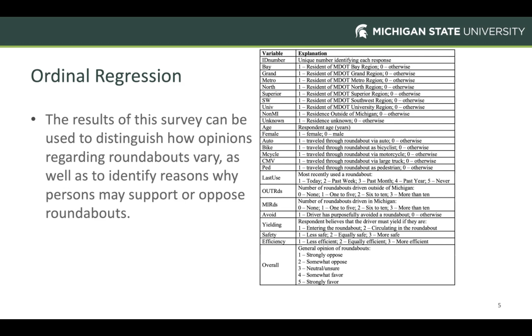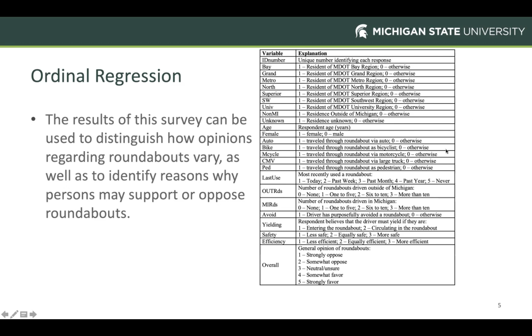Age and sex are two categories that have generally shown divergence of public opinion on many issues, and so we collected that information here as well as a variety of different questions that sought to understand how frequently and in what capacity road users actually had traversed through roundabouts. So whether they use them as an automobile driver, as a bicyclist, motorcyclist, and so forth.